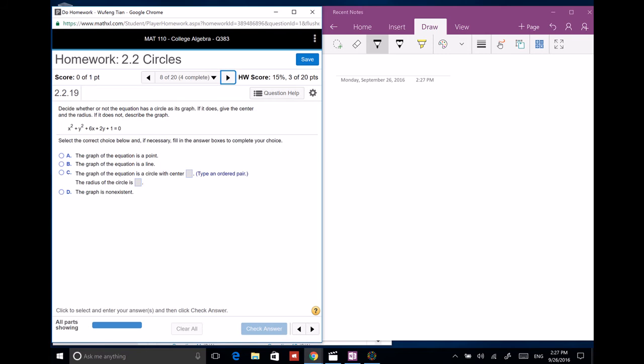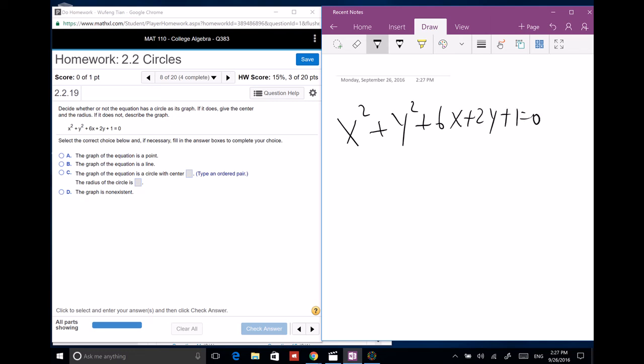Okay, so then we need to complete the square. So x squared plus y squared plus 6x plus 2y plus 1 equals 0. So now we need to complete the square. The x terms go together, so x squared plus 6x plus something, then plus y squared plus 2y plus something equals -1.